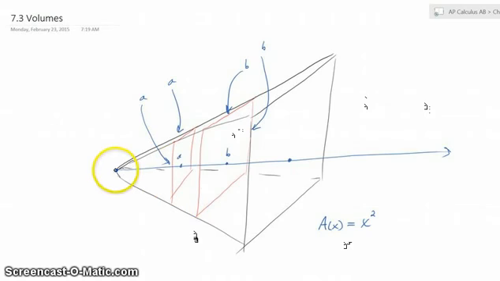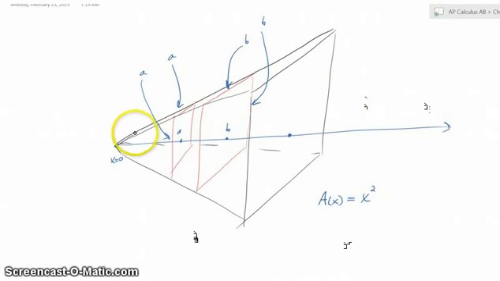And we can see if we're at 0 on the x-axis, we're at a point, so we don't really have a cross-section. And if we're at some value here, then we do have a square, and it's going to have that same side length. So we can use the idea of an integral to create a volume.